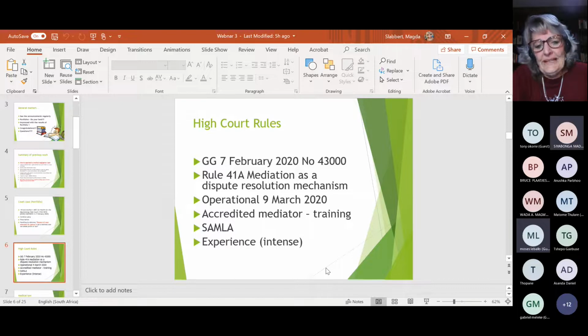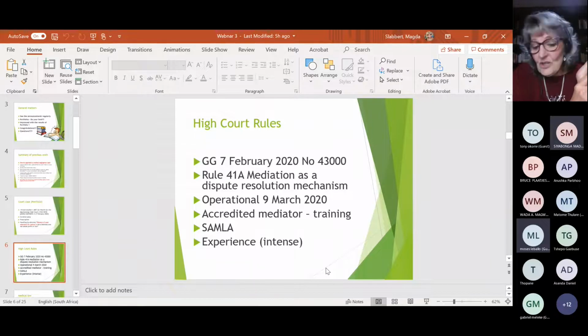In order to do mediation, you need to be an accredited mediator. In other words, the knowledge that you have gained in this course will assist you tremendously. But you will not be able to mediate unless you are an accredited mediator, and you will have to go through training. You will get information on where to get the training.